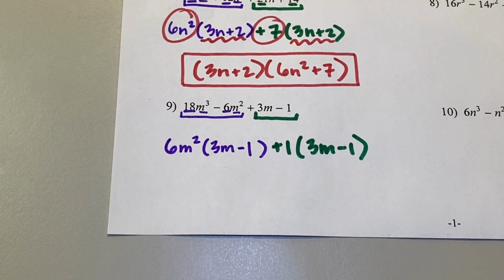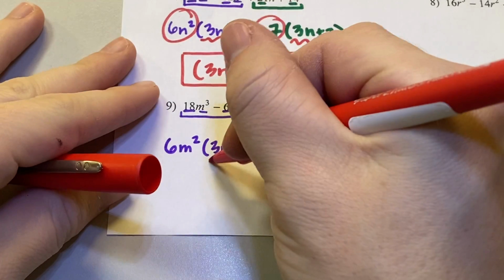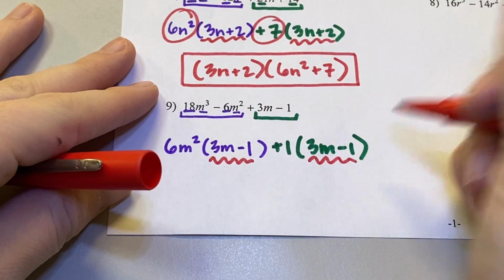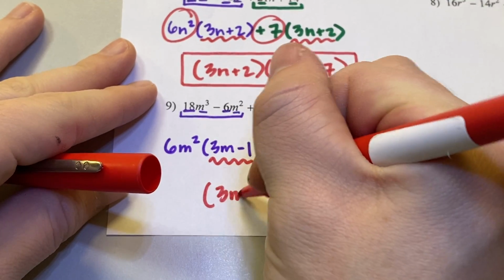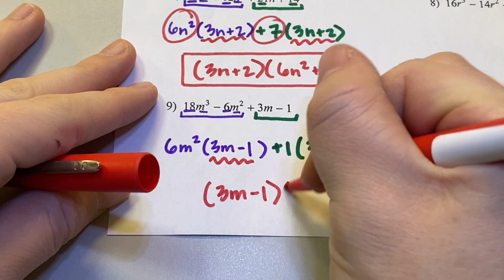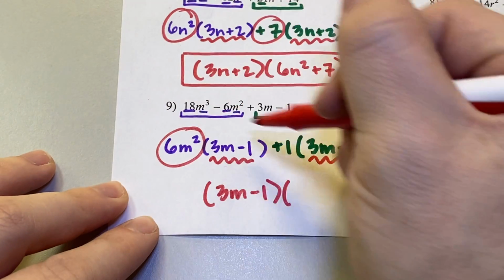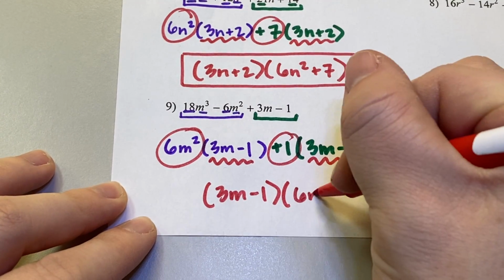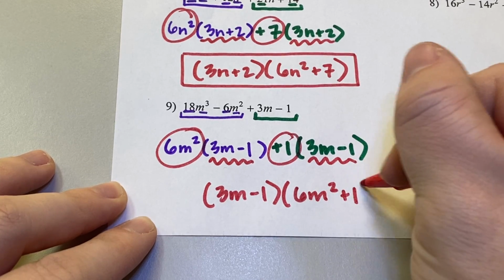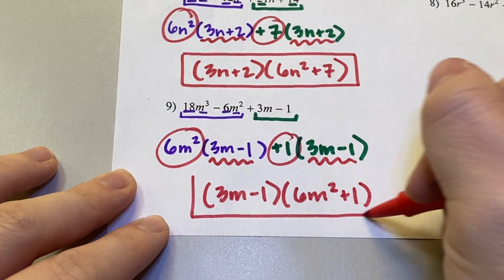But wait, are they the same inside my parentheses? Yep, that was my whole goal. 3m minus 1, 3m minus 1 become my first factor. Second factor is what's on the outside, 6m squared plus 1.